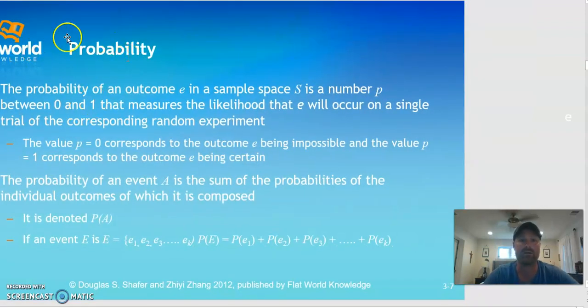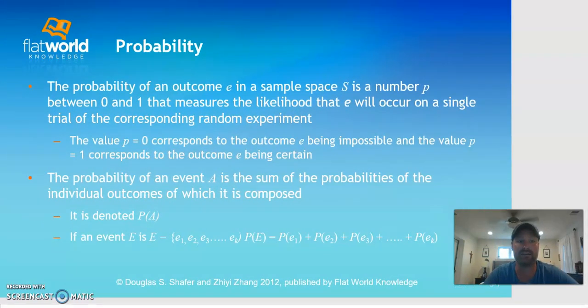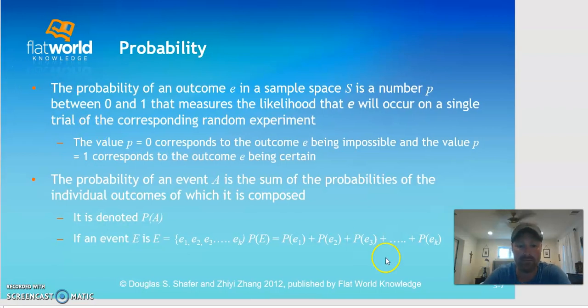Probability. Now, the probability of a particular event, okay, I'm not sure why that moved there on us, but if we go ahead, the probability of an outcome E in a sample space S is a number P between 0 and 1.